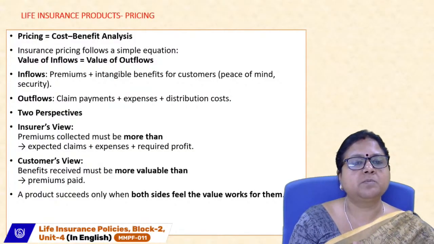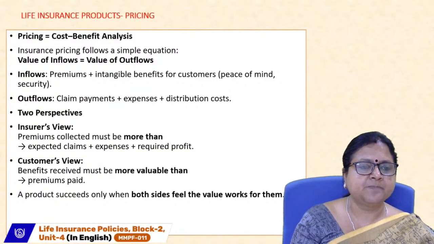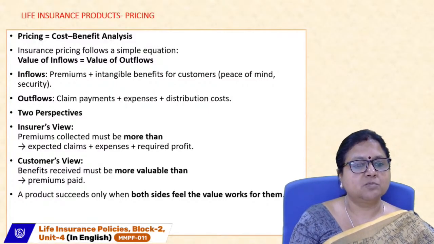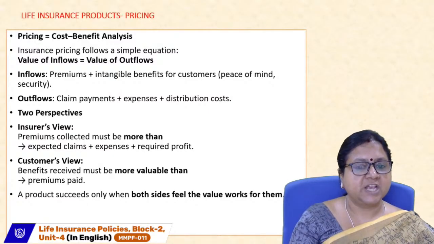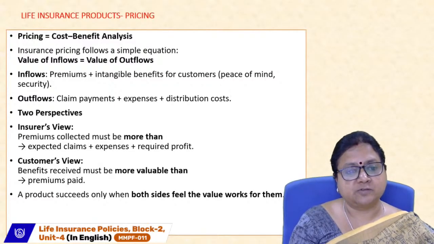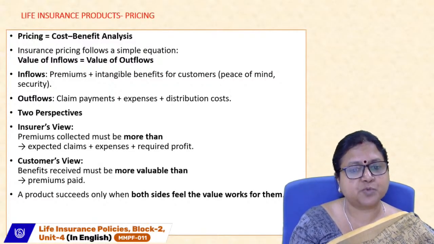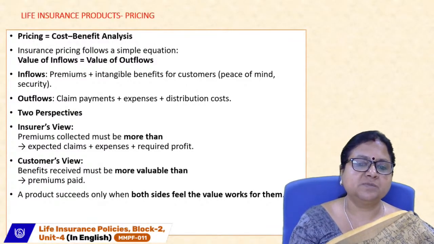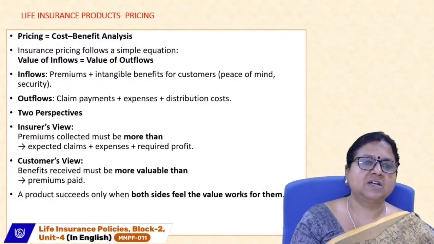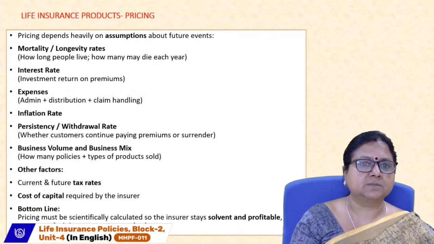So inflow is premium plus the intangible benefits for the customer, and outflow is the claim payment, expenses, and the distribution costs. From the insurance point of view, premiums collected must be more than the expected claims, expenses plus the required profit from the insurance policy maker's point of view. But from the customer's point of view, the benefits which they have received should be more valuable than the premium that they have paid. So both of them should feel that they have got their value for money.